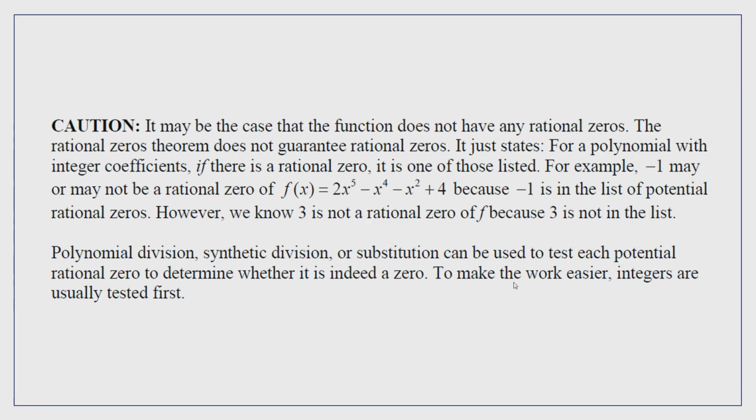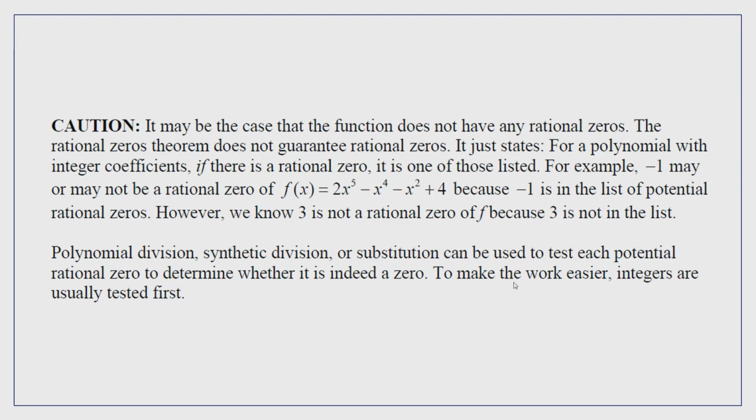So for example, -1 may or may not be a rational zero of f of x equals 2x to the 5th minus x to the 4th minus x squared plus 4, because -1 is in the list of potential rational zeros. However, we know 3 is not a rational zero of f because 3 is not in the list.